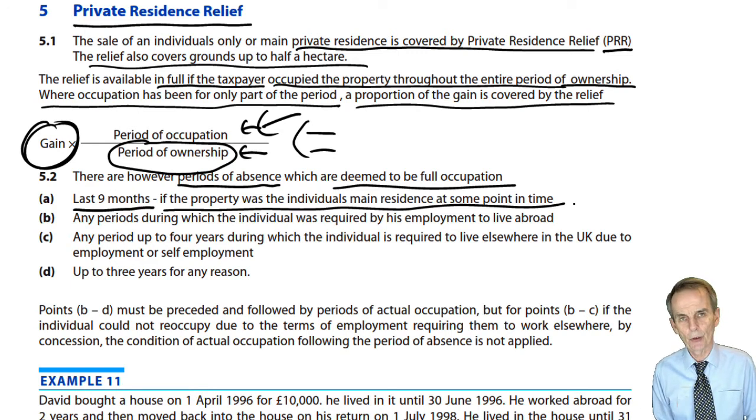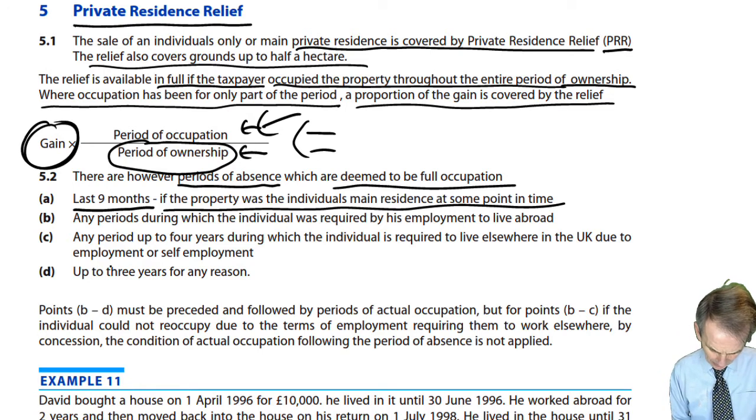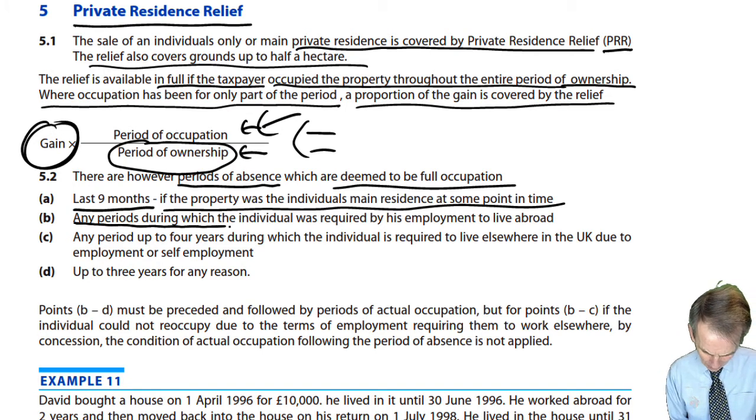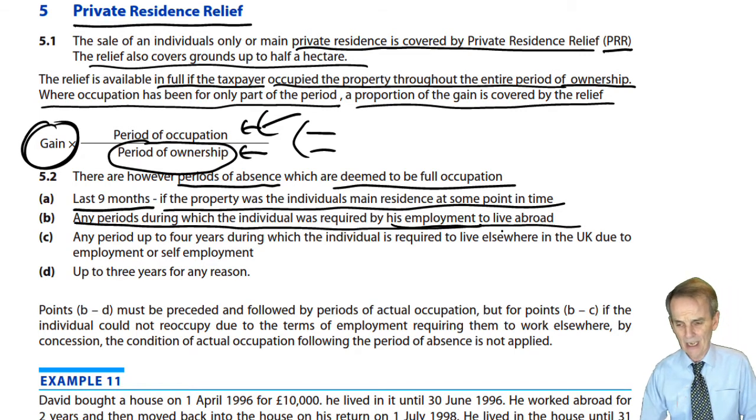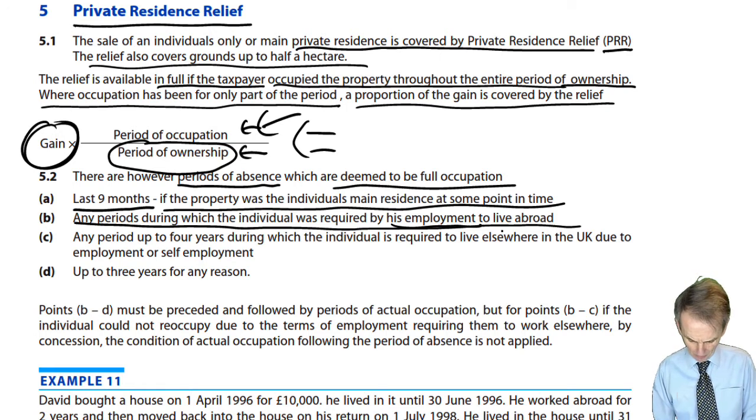Where might that elsewhere be? Well, in these terms, it is simple. It is either overseas or it is elsewhere within the UK. So in which case, any periods during which the individual was required by his employment to live abroad, I've taken a job in Australia for 2, 3, 4, 5 years, whatever, that will classify as deemed occupation.